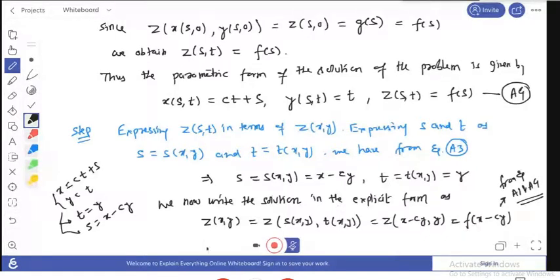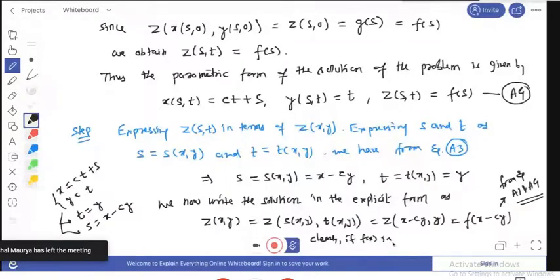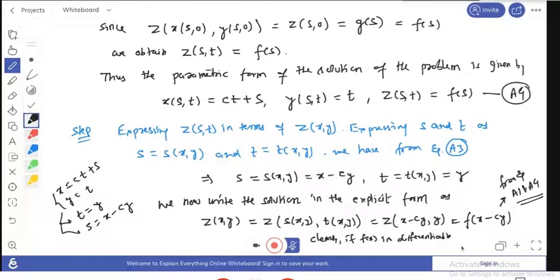Okay, so here clearly, if f of x is a differentiable function, so the solution z of xy equals f of x minus cy. Okay, this satisfies, basically this is a solution.